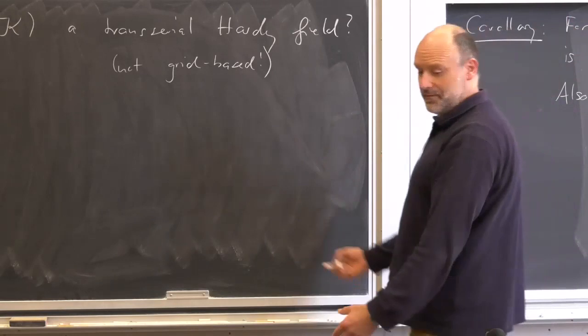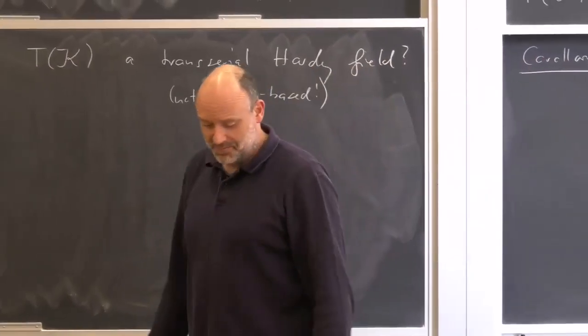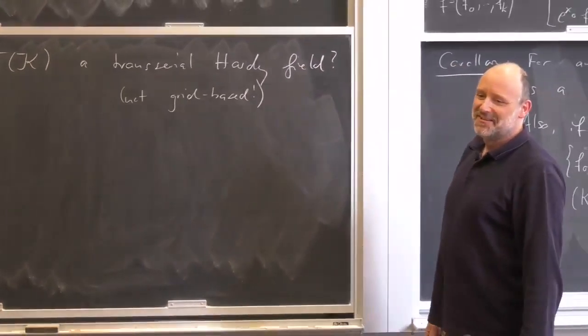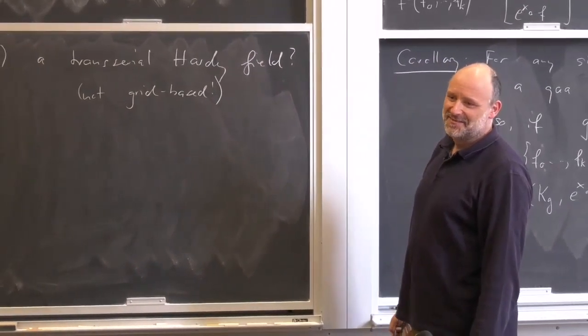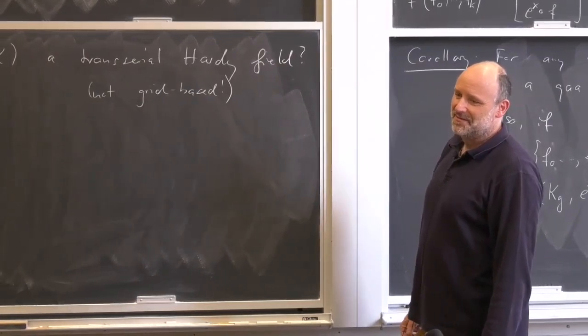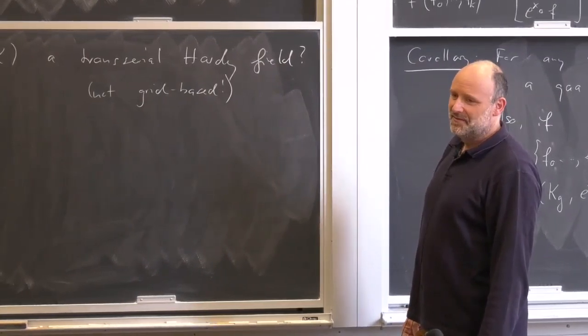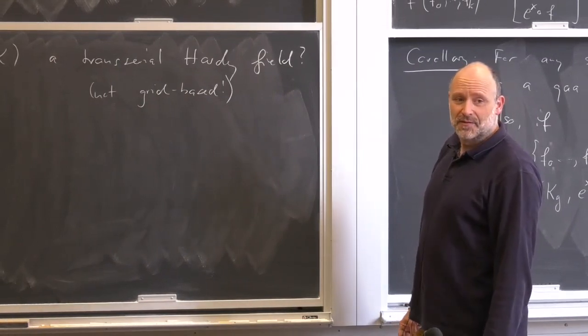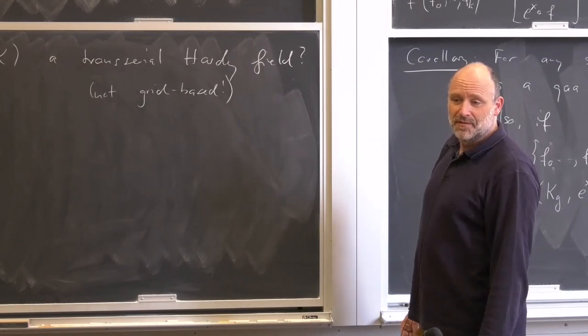Okay. Well, I would like to know. Of course, it's still a good question. As far as embedding the Liouville closure of K into transseries, that is not a problem. But is this your condition? I'm not sure. Well, I suspect it does, but I'm not sure now.